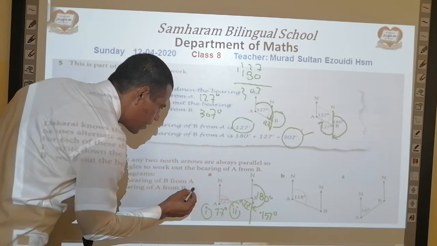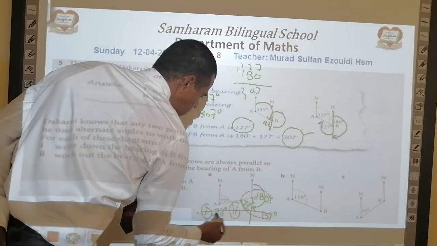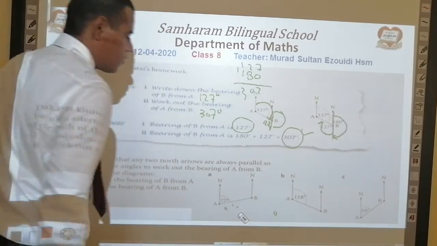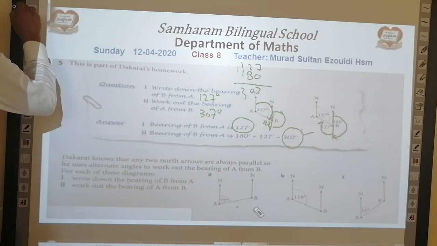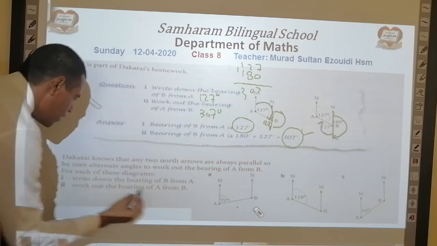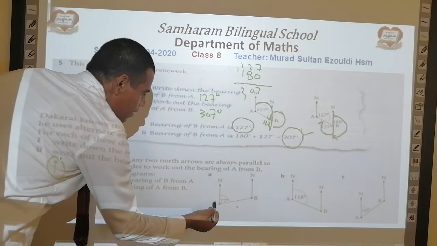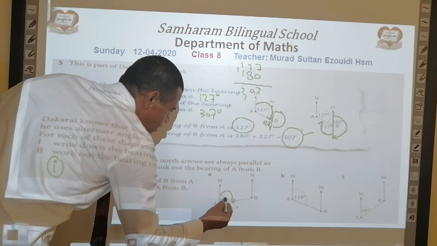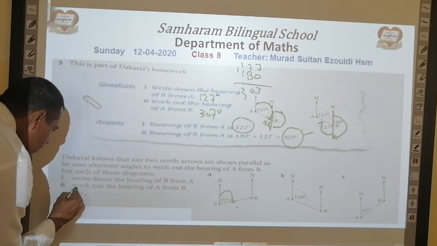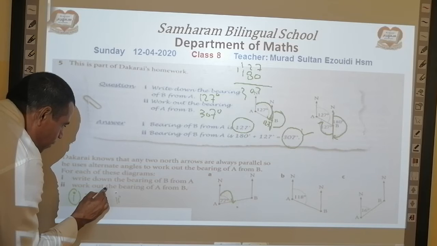So I'll just write it here. Okay, erase this. I'll write it again. Look, small i. We told the bearing of B from A is 77 degrees. Double i now.